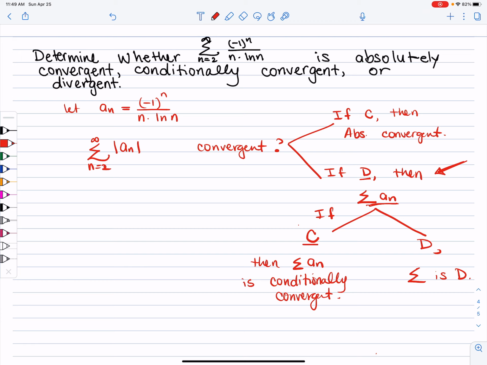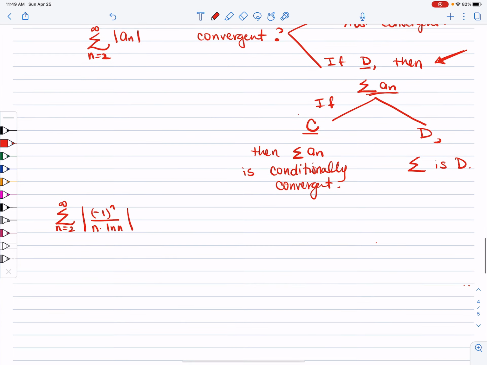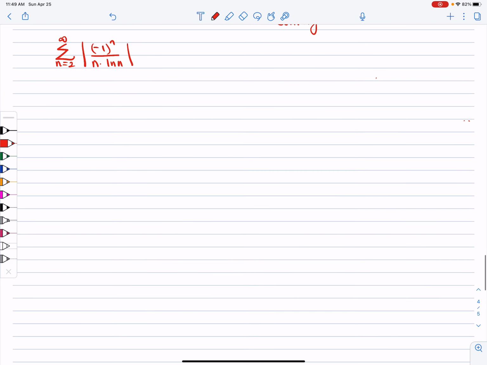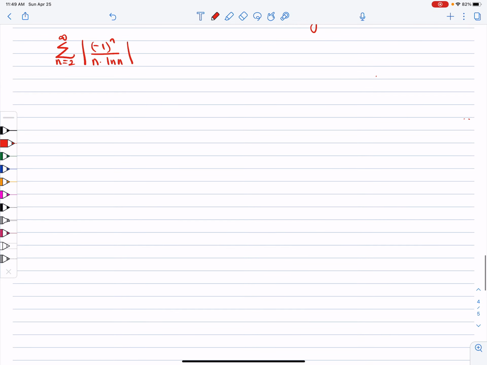So what I want to do is check to see if sigma as n goes from 2 to infinity of the absolute value of a sub n is convergent. So we're going to start with that. So let's look at sigma as n goes from 2 to infinity of the absolute value of negative 1 to the nth over n times the natural log of n. We want to determine if that is convergent or not.